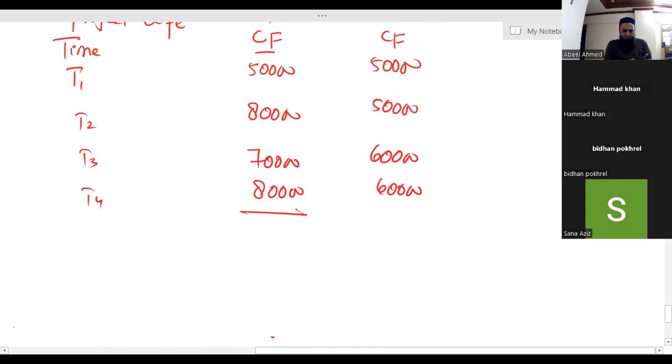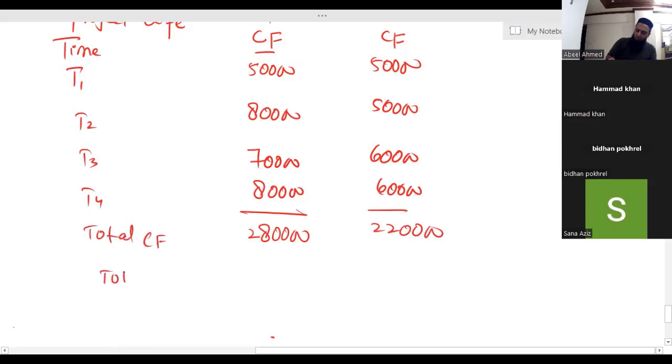If I add all these, 50,000 plus 80 plus 1780, I'm getting 280 and 220. Can I say that is your total cash flows? Now let us deduct the total depreciation.